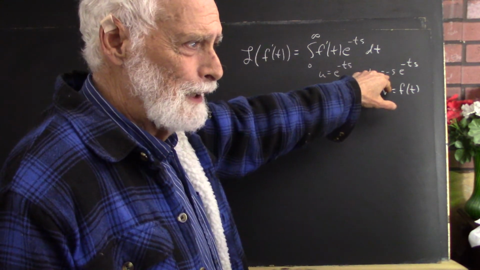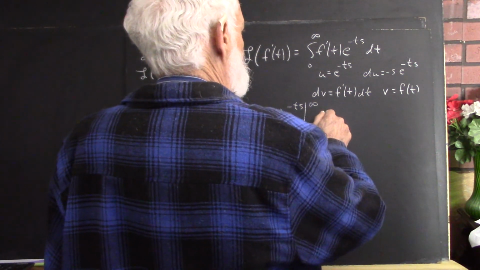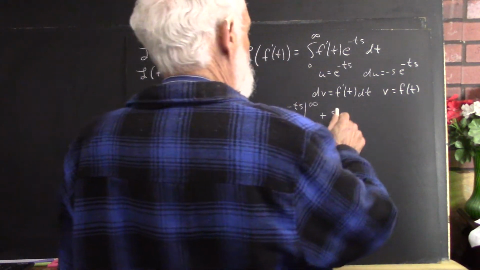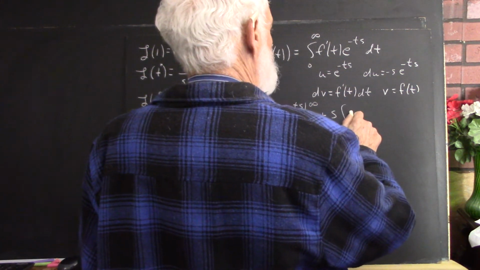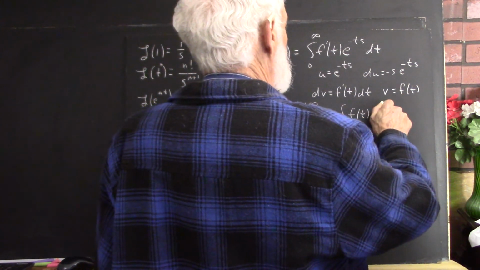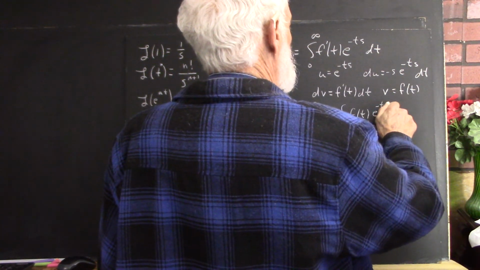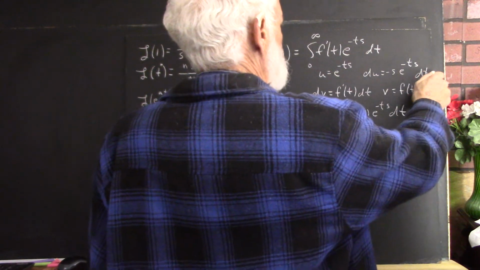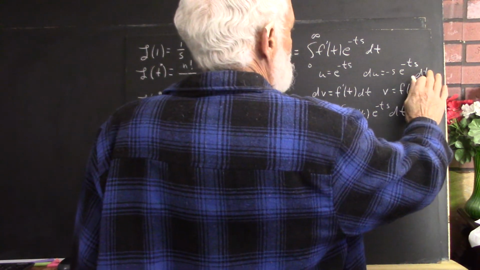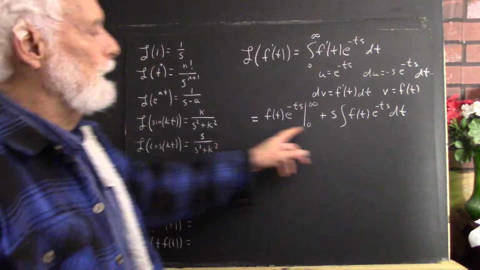So again, taking a big chance, because the way I've been going, you don't know, but I'm going to stick my neck out and say that's a plus s times the integral of f of t e to the negative ts dt. See how I keep forgetting to write things down? Now it doesn't even look like a dt here. Maybe it does now. Well, anyhow, there it is.